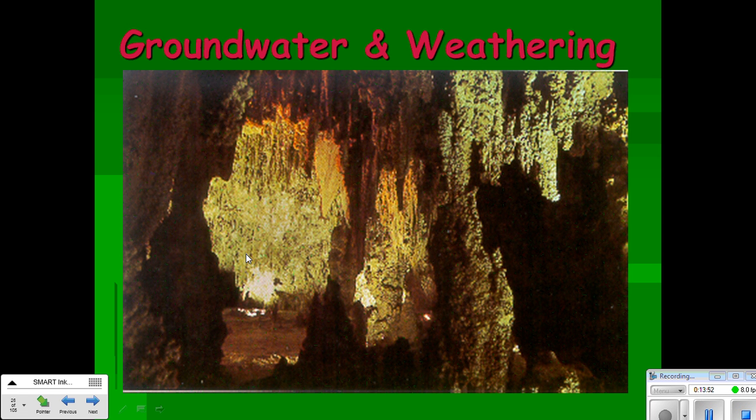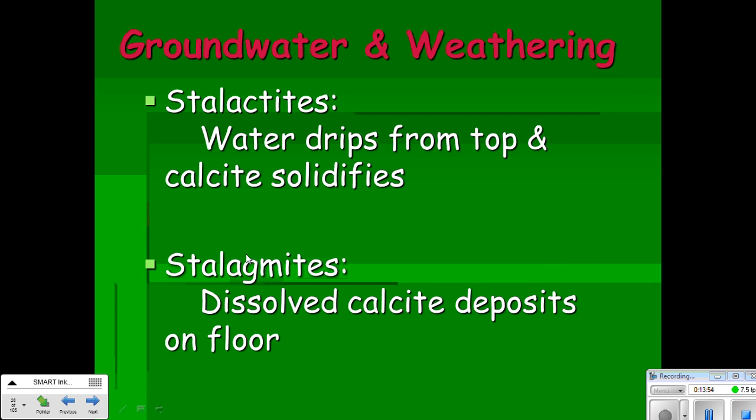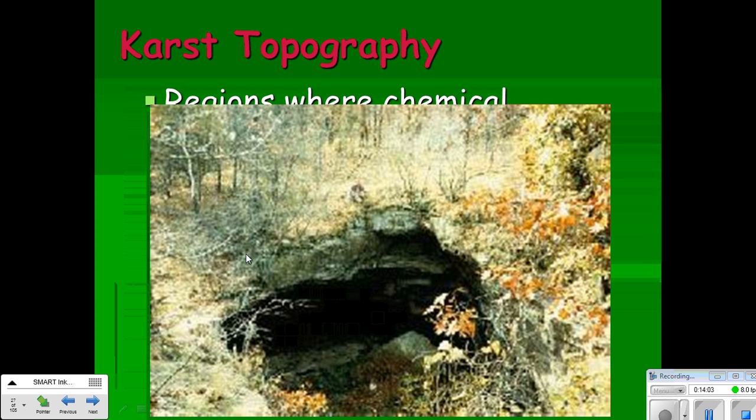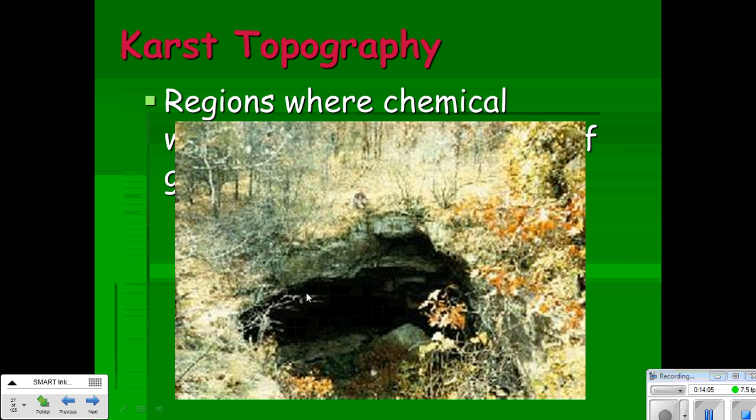And here are some pictures of caves. And karst topography, regions where chemical weathering occurs because of groundwater. And again, here's another picture of a cave. We've dissolved the rock around it.